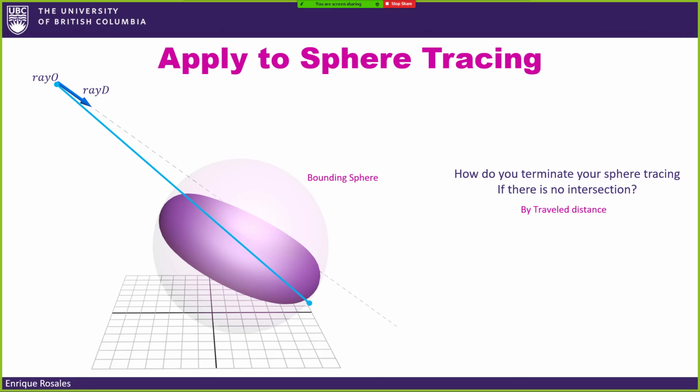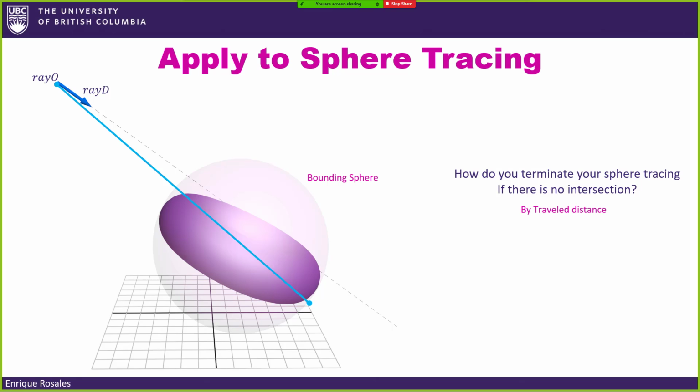In the case of a torus, a bounding sphere needs to be centered exactly on the same center as the torus, and the radius of the bounding sphere will be radius 1 plus radius 2. You agree? If you do that, you have a bounding sphere that can contain the entire torus.